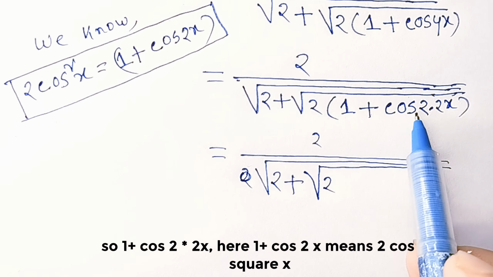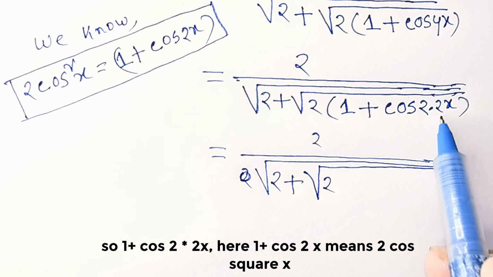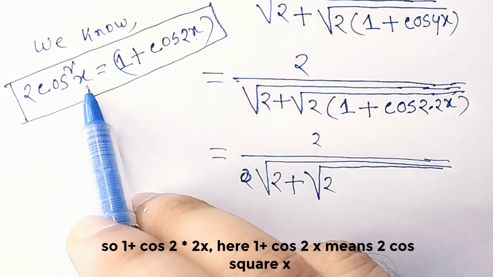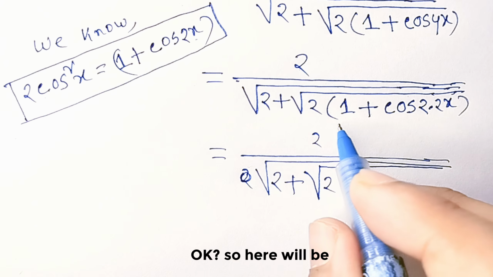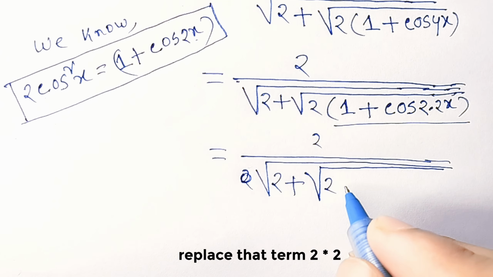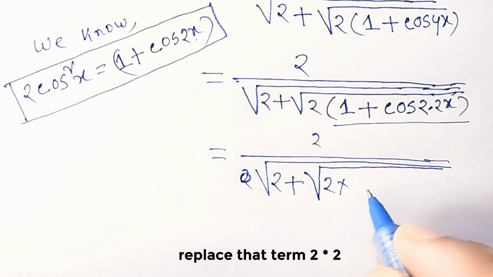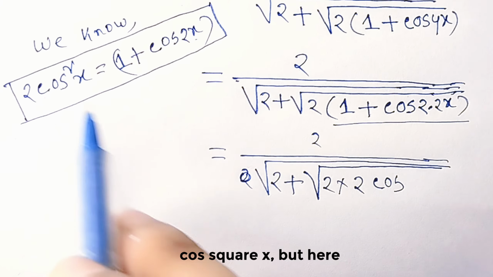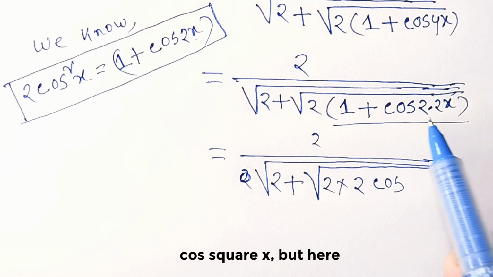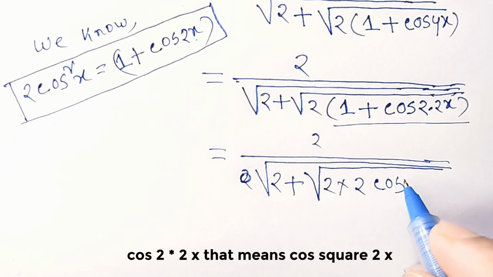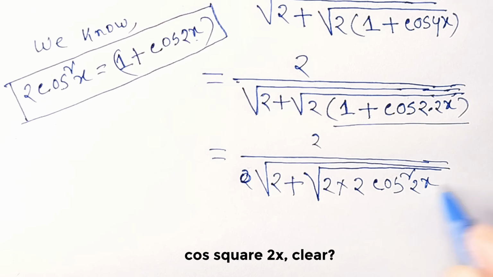So 1 plus cos 2 times 2x. Here 1 plus cos 2x means 2 cos square x. So we replace that term: 2 times 2 cos square 2x.